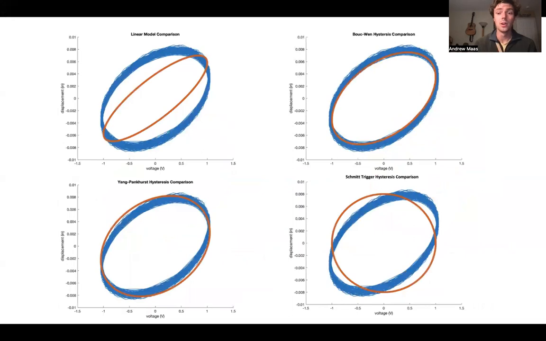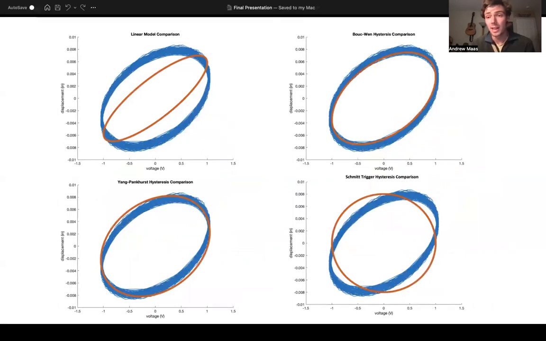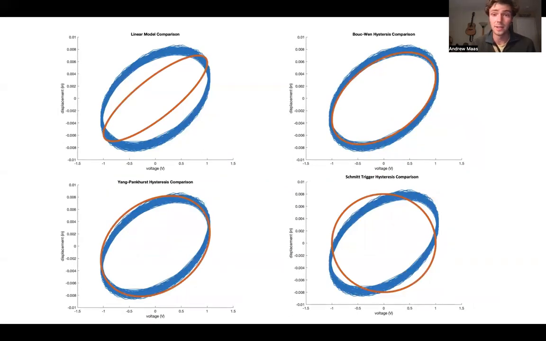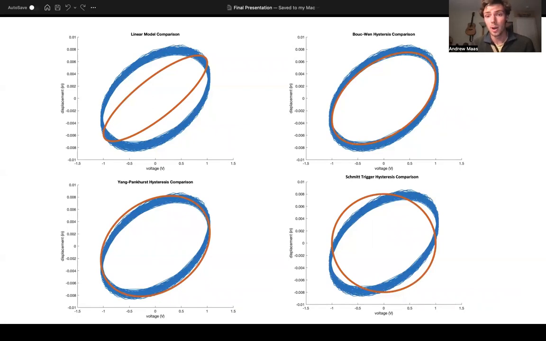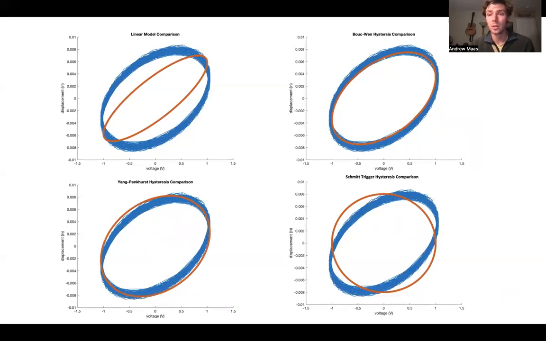So here are the four models that I have assumed. We have the linear model, the Bouc-Wen hysteresis model, the Yang-Pankhurst model, and the Schmitt trigger model, all of which have varying degrees of success.